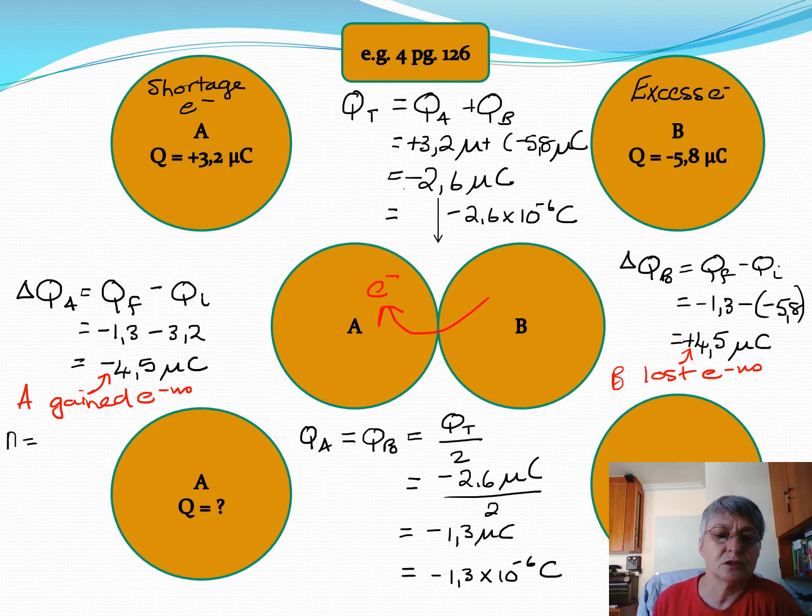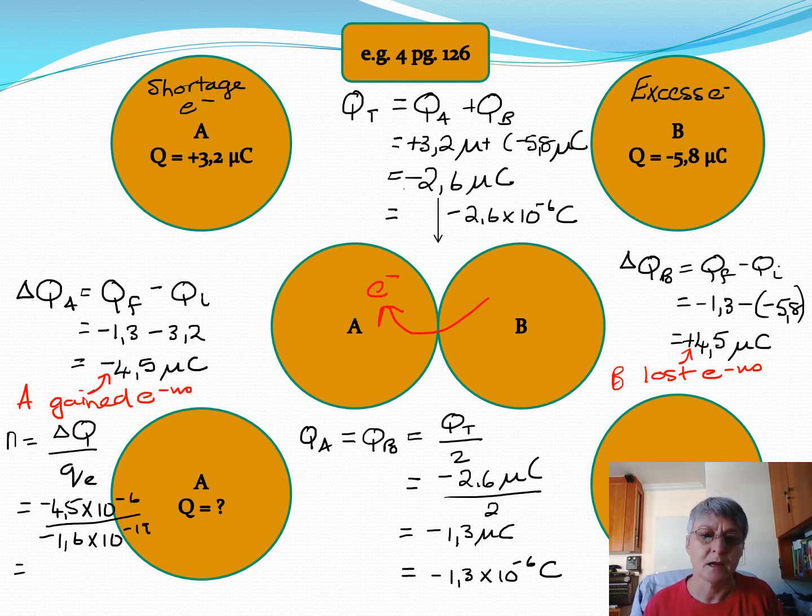The last question we need to answer is the number of electrons that were transferred. So the number of electrons transferred is the change in the charge, and I'm going to use A's charge because it is negative, divided by the charge on the electron. So it's minus 4.5 times 10 to the minus 6 divided by minus 1.6 times 10 to the minus 19, and I want the answer to be positive, and I want the exponent of the 10 to be positive as well.